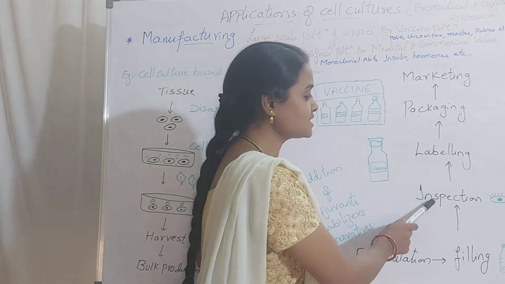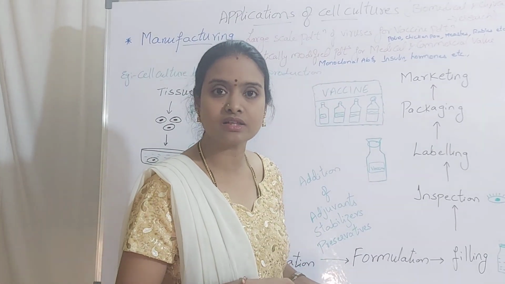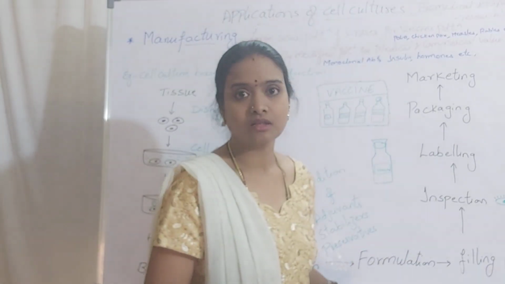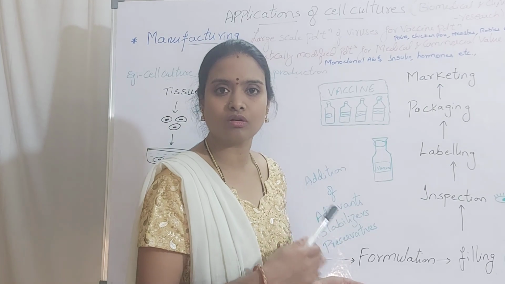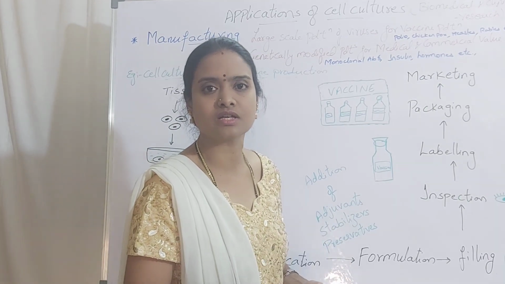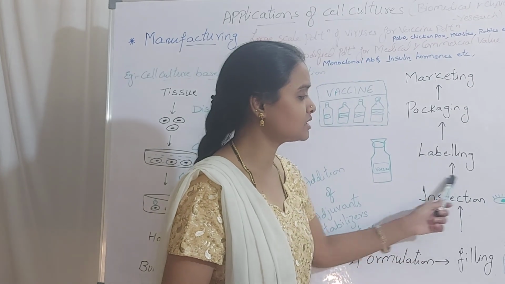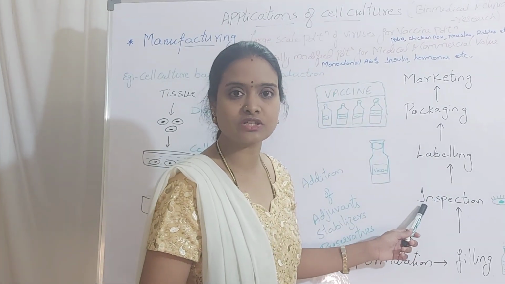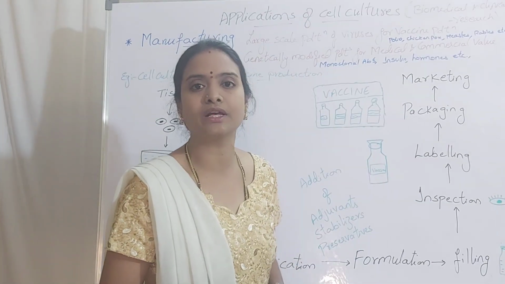In this inspection, the experts analyze the quality of the vaccine and also check for any contamination, impurity, or any changes in the product. If the product is perfect after inspection, it is sent for the labeling process.